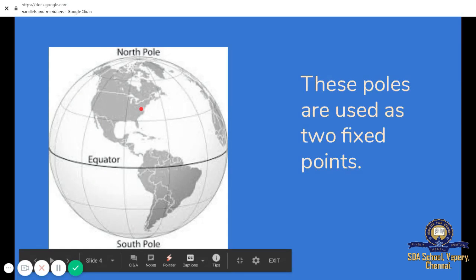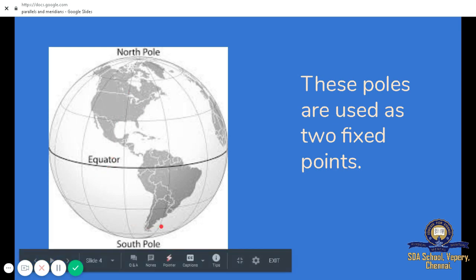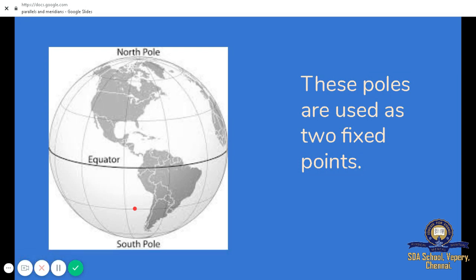The upper part is the north side of the equator, called the northern hemisphere, and the lower part, the south side of the equator, is called the southern hemisphere.